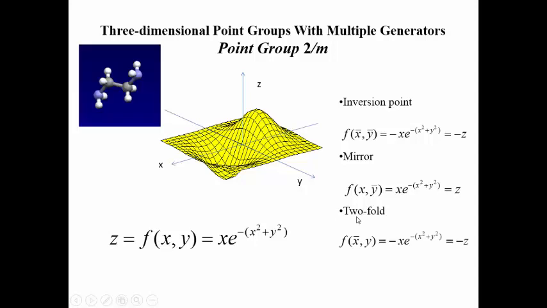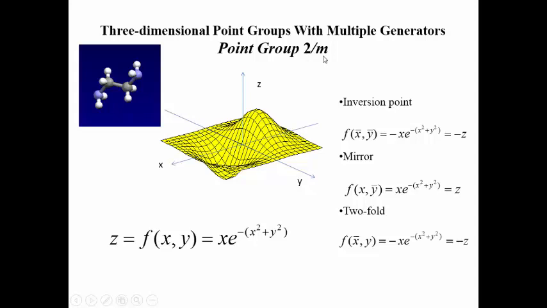We also have a twofold. The twofold is x bar, y, which is going to give us a minus z, and here's a twofold coming out like this, and you can see if you rotate this figure around, you're going to have the mountain go into the valley, and the valley is going to come up to the mountain. So this function exhibits 2/m symmetry.